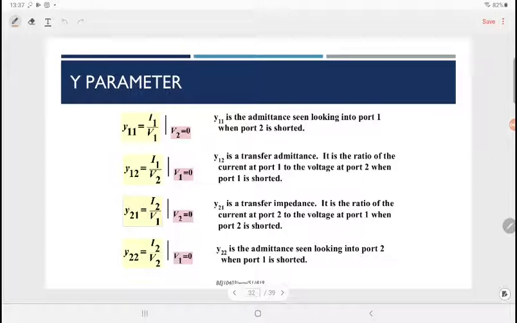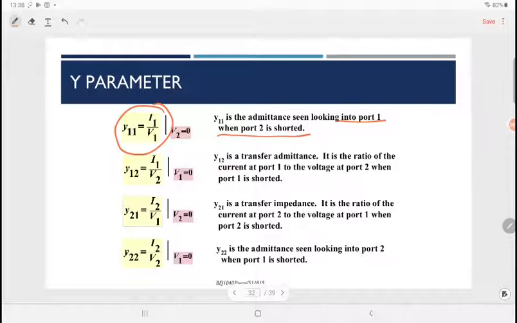Okay, so for Y11, it is the admittance seen looking into port 1 when port 2 is shorted. Because Y11 is I1 divided by V1, input current divided by input voltage, right?